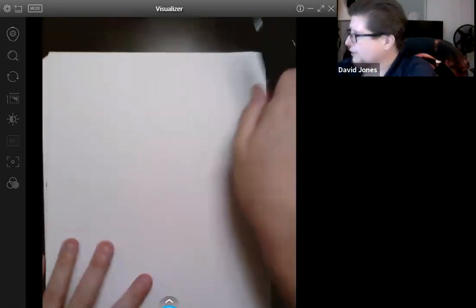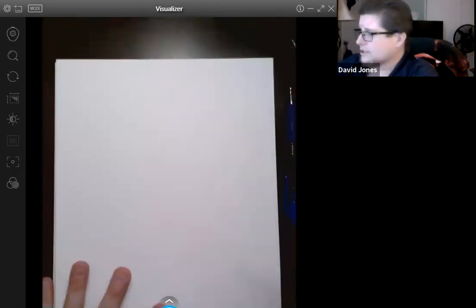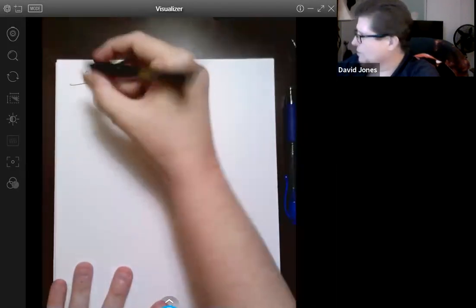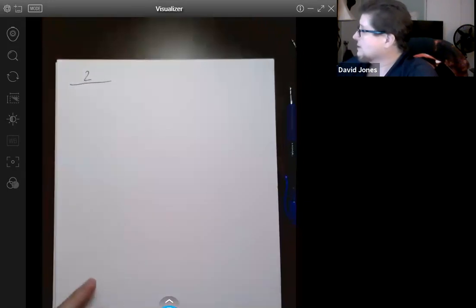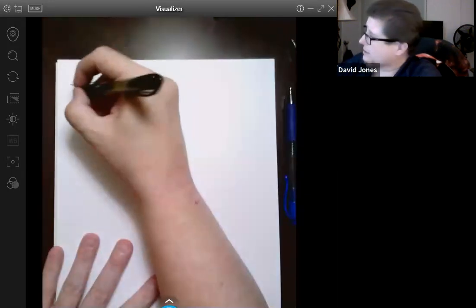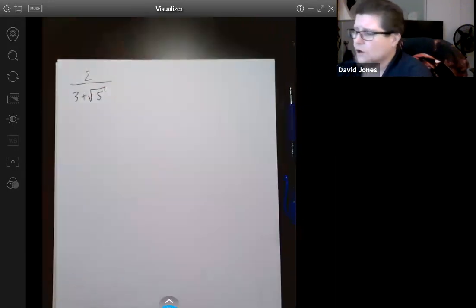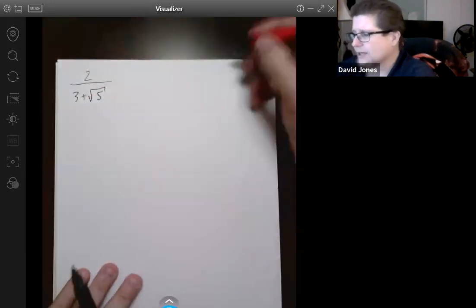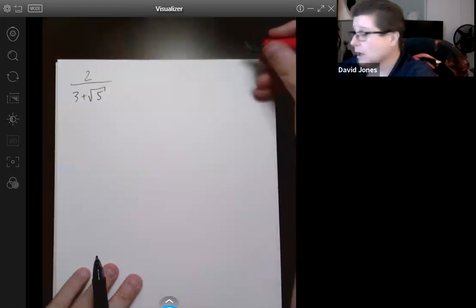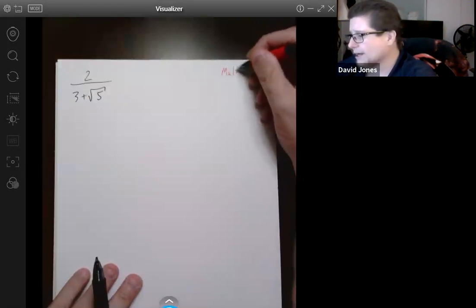So what I'm going to do, let's start with 2 over 3 plus square root of 5. When you have addition or subtraction with radicals in the bottom, multiply by the conjugate of the bottom.